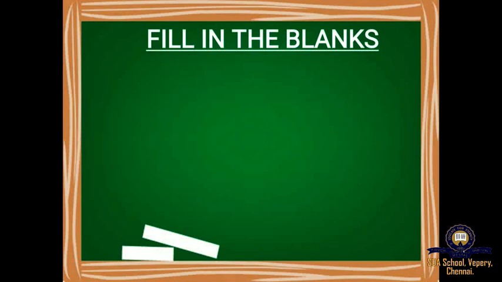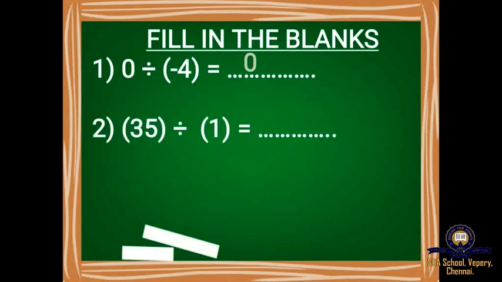Fill in the blanks. 0 divided by minus 4 is equal to dash. 0 divided by a non-zero integer is equal to 0. Therefore, 0 divided by minus 4 is equal to 0. 35 divided by 1 is equal to dash.